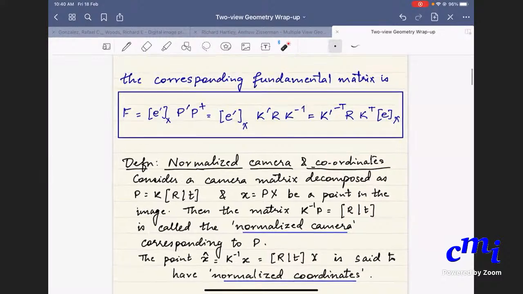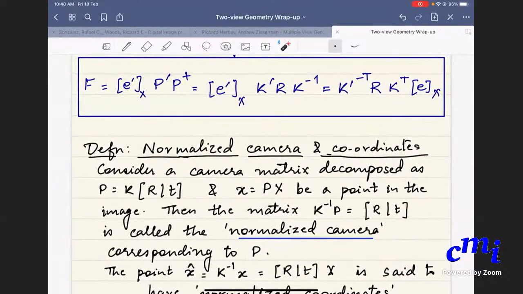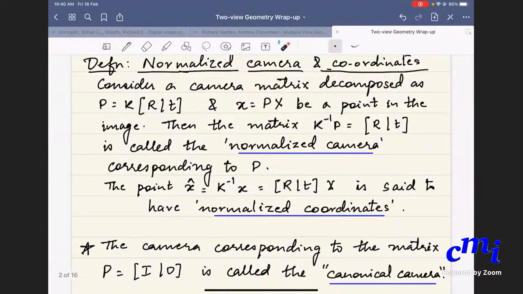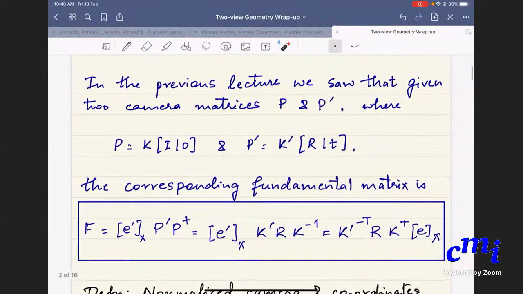All right. So is this better? Yes, it's better. So for the normalized camera, what we do is, this is our calibrated camera, right? So we further make another change. Since we know the calibration, if we are purely interested in the position of the camera with respect to the world coordinates, and not really interested in the intrinsic parameters, then a way to look at this is the matrix K inverse P. That is going to give you only I0.